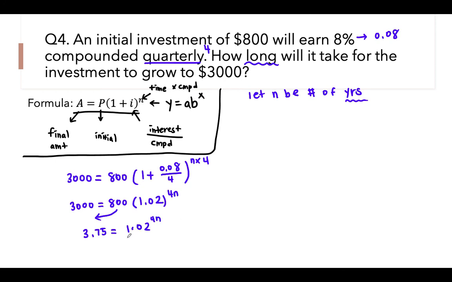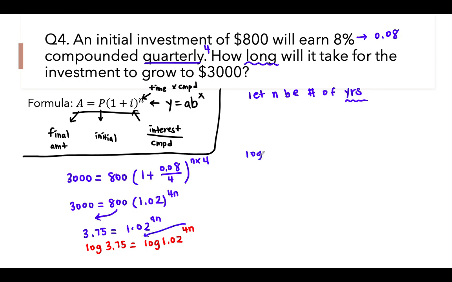Now, again, we're given a decimal, so it's really hard to equate with the same number. So what you're going to do is take the logarithm of both sides. Log 3.75 on the left side, so you have to do it to the right side: log of 1.02 to the power of 4n. Now, I'm going to bring the exponent to the front.